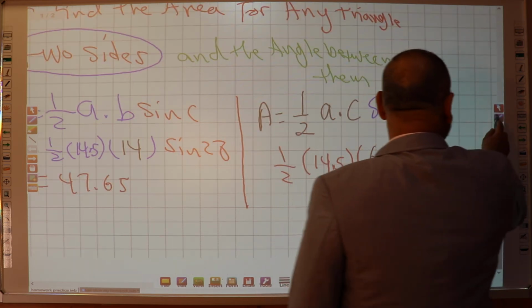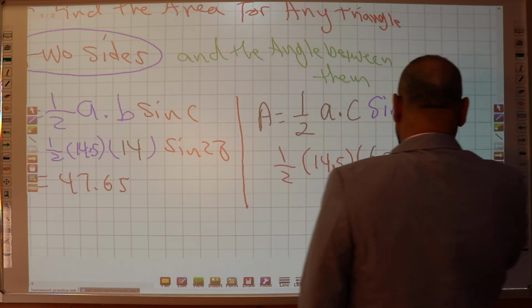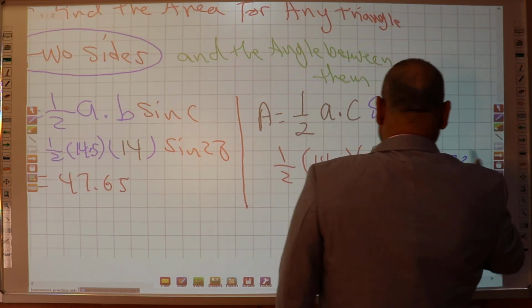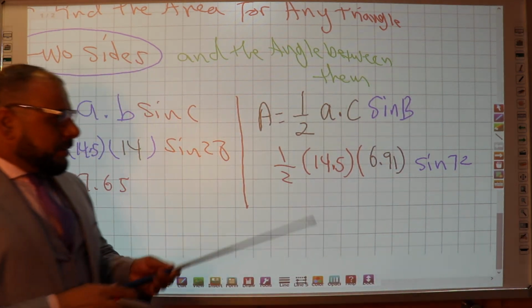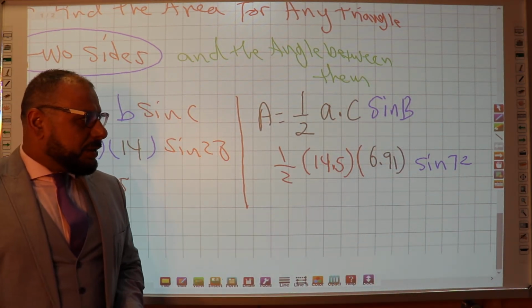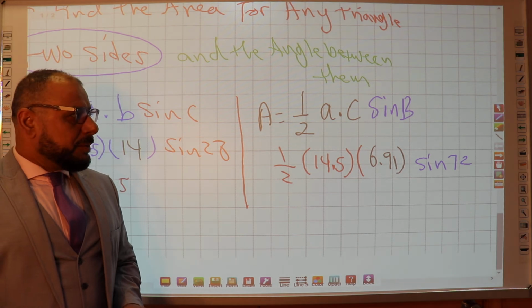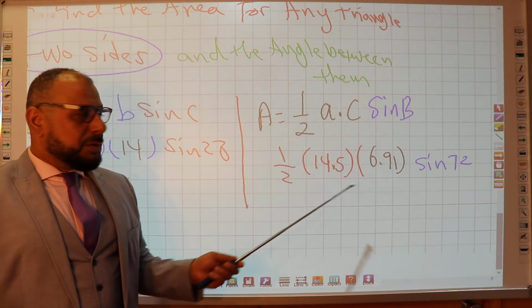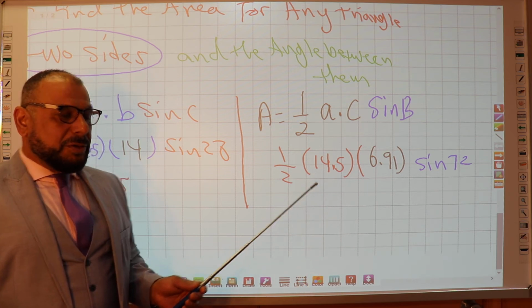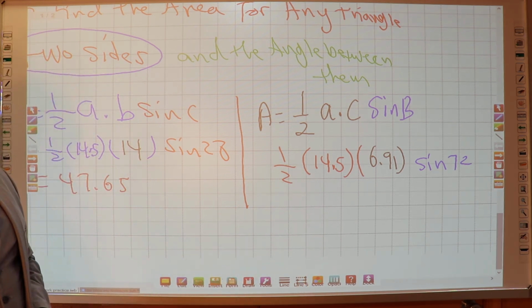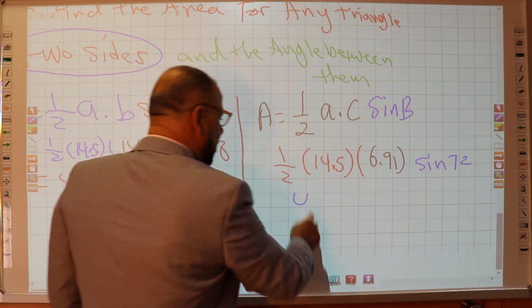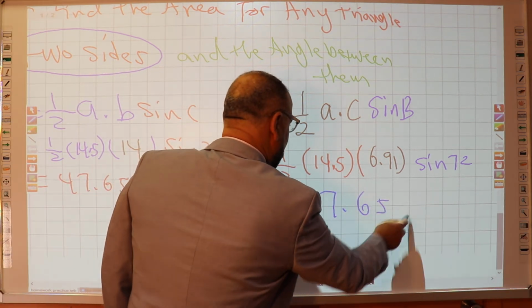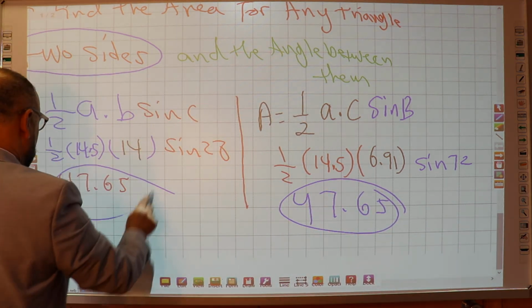Can we do this again? Can you do 14.5 times 6.91 times sine 72 and divide the result by 2? Same number. Exactly the same number, 47.65. And you can use the third case.